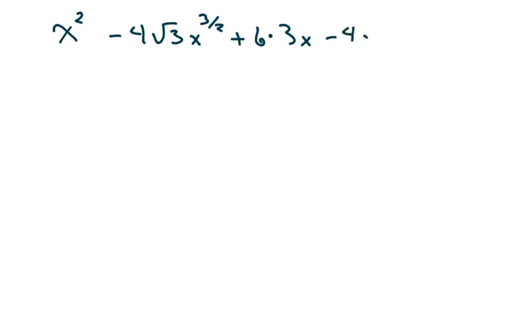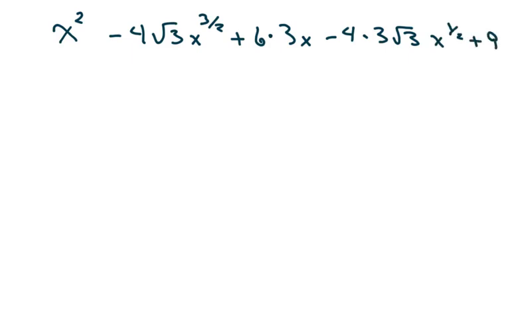So simplifying this, we get x squared minus 4 square root of 3 x to the 3/2 plus 6 times 3x minus 4 times 3 square root of 3 times x to the 1/2 plus 9.